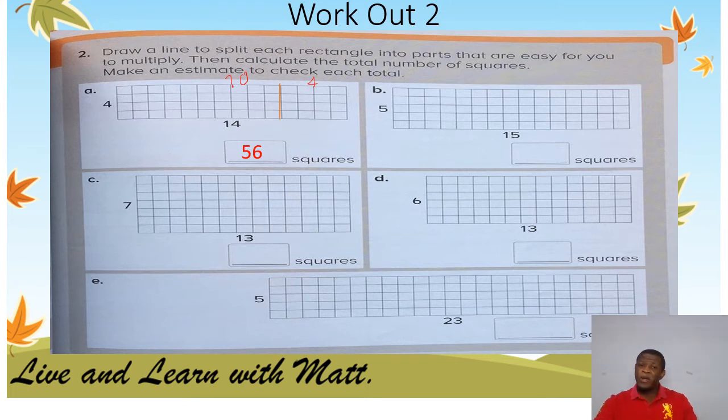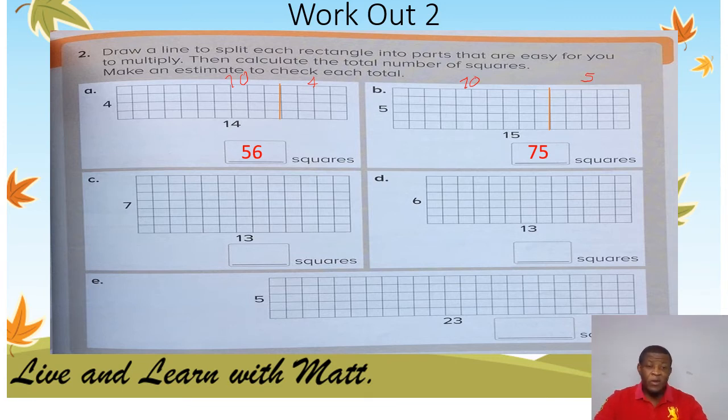Now part B, we can split the 15 into 10 and 5. So we have 10 here and 5. 5 times 10 is 50. 5 times 5, 25. 50 plus 25 will be 75.